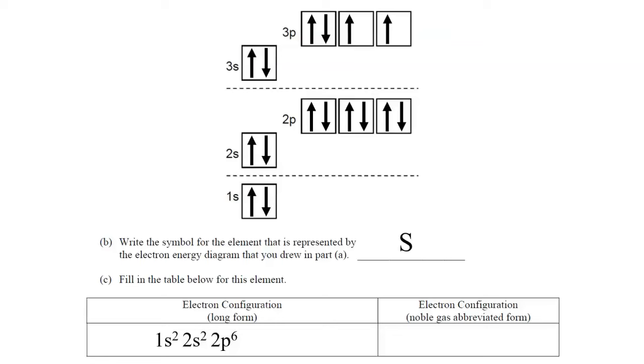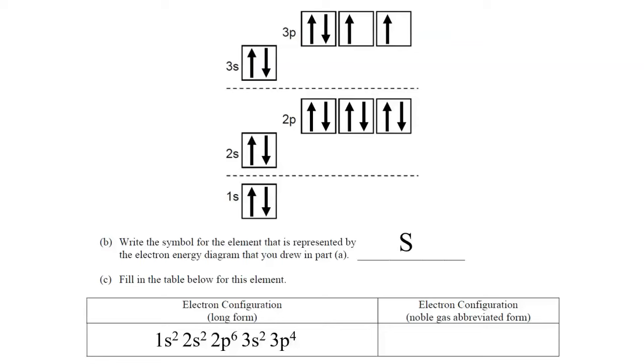The next level would be 3s, so 3s2. And then for the 3p sublevel, there's 4 electrons in the 3p sublevel, so you would finish off this electron configuration with 3p4.